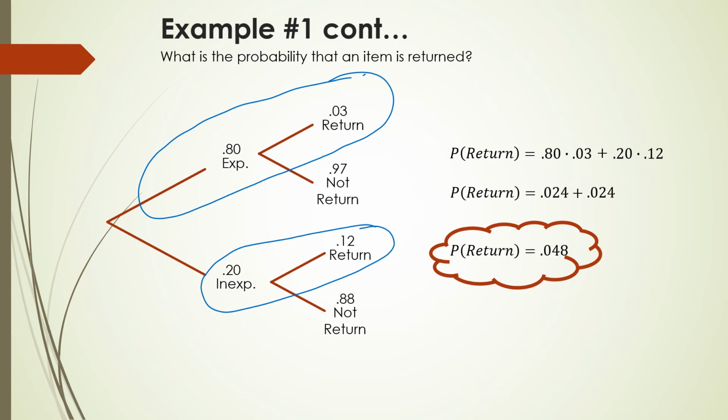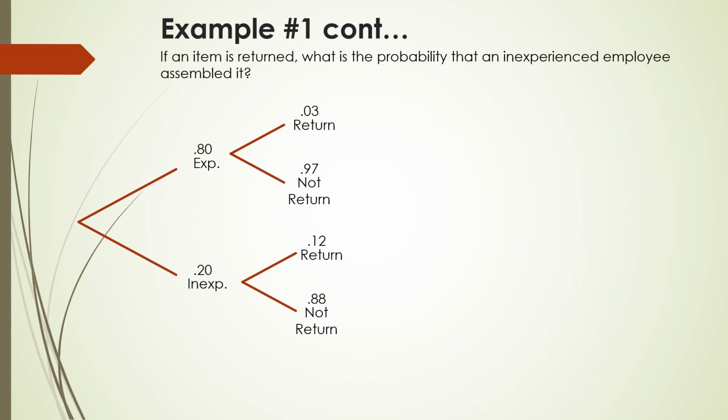So now let's do the second part of this example. So we're going to continue with the same math in the same tree. It says, if an item is returned, there we go. We have that conditional if an item is returned. What is the probability that an inexperienced employee assembled it? All right, so what does that look like as a probability?